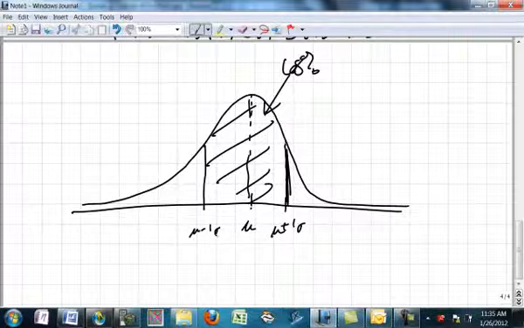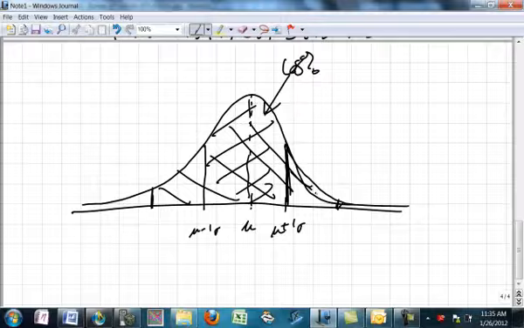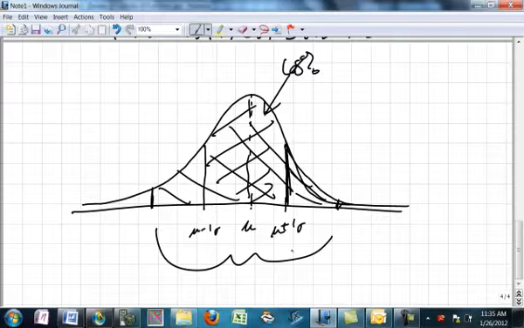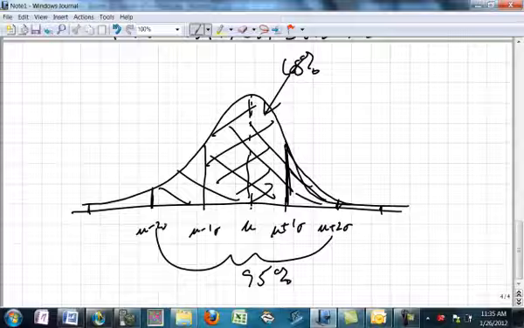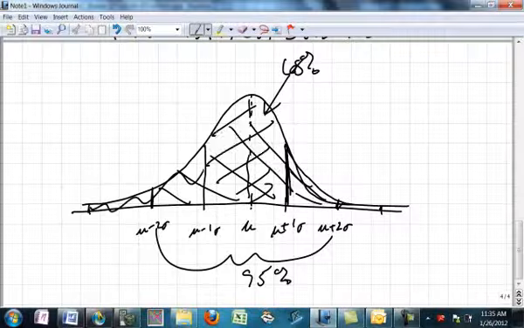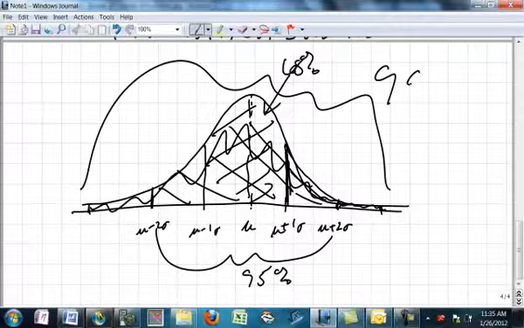Well, if we go out another standard deviation, say to here and here, this is supposed to be symmetric, and then include all the data here, including that 68% in the middle, now we're over 95%. So that's 2 standard deviations. And if we go out 3 standard deviations, we're over 99%.